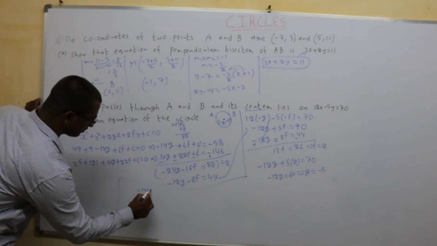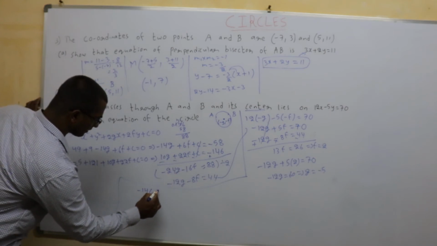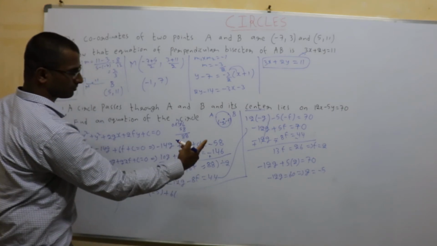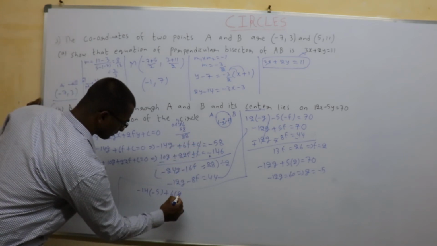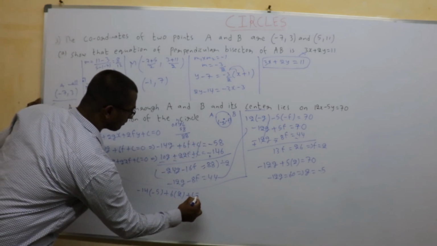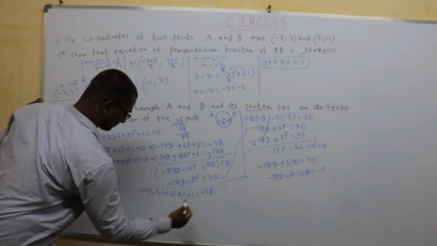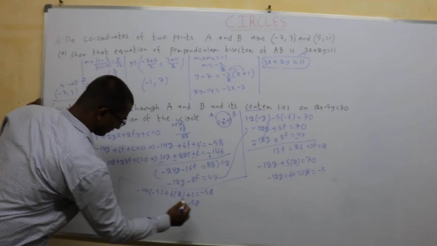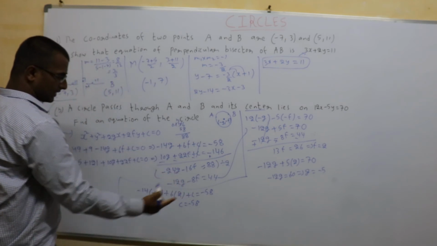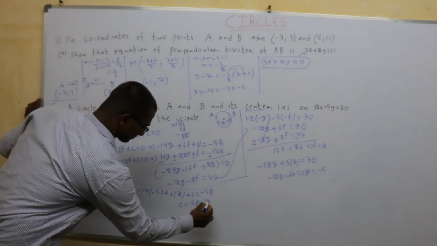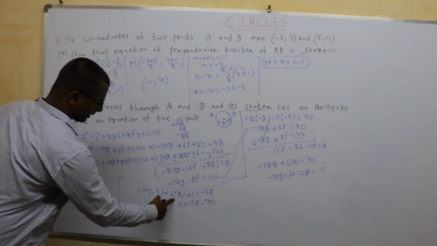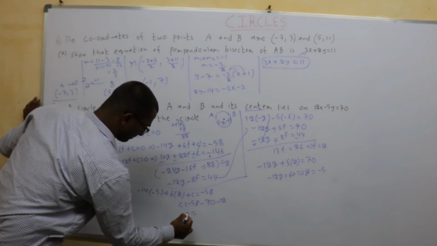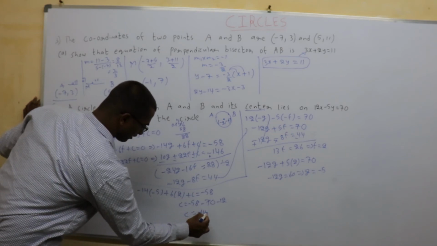Minus 14 into the g value, minus 5, plus 6 into the f value, 2, plus c equal to minus 58. So c is nothing but minus 58, plus 70 goes that side, minus 70, plus 12 goes that side, minus 12. So that implies c equal to minus 140.